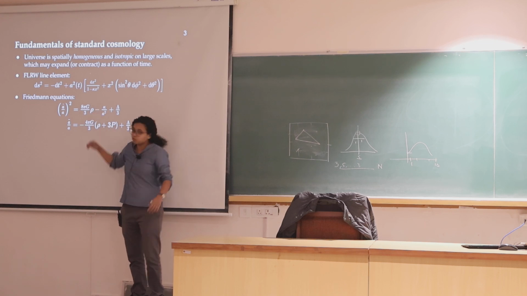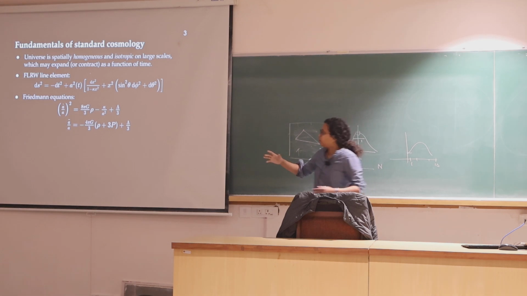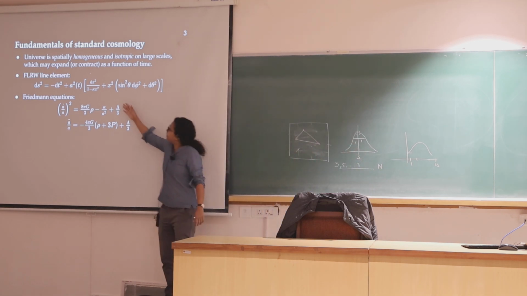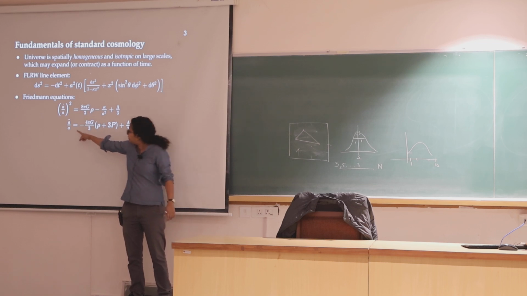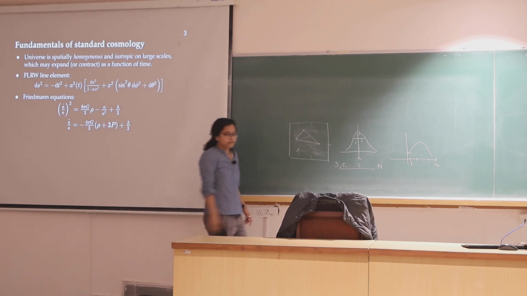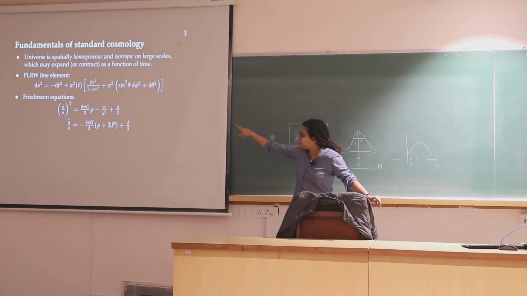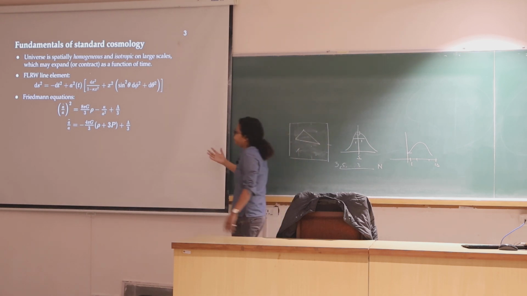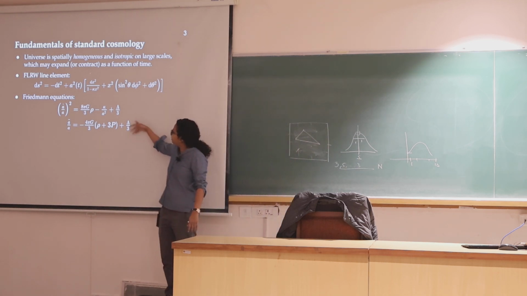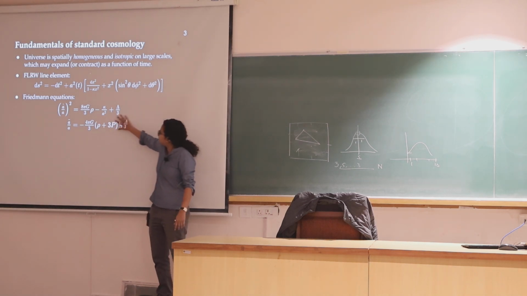So to see how the universe evolves in time, it is useful to derive the first derivative of the scale factor and the second derivative of the scale factor. These are basically the speed with which the universe is expanding, the first equation, and the second one is the acceleration with which it is expanding. When we calculate using GR, we get this.